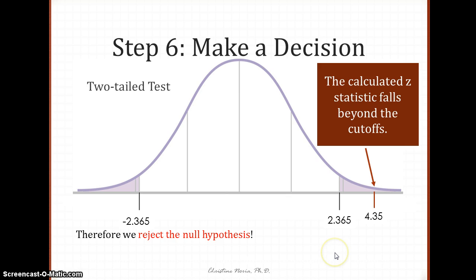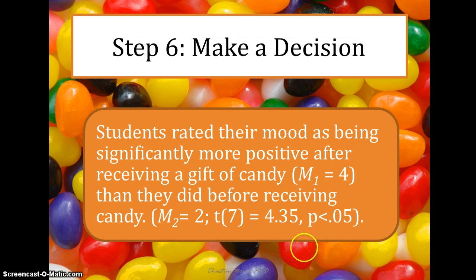So there is a significant difference in student mood after receiving a gift of candy. So we could say students rated their mood as being significantly more positive after receiving a gift of candy. And here that's the mean that I calculated for the after scores, which is a score of 4, which is a little bit above neutral.